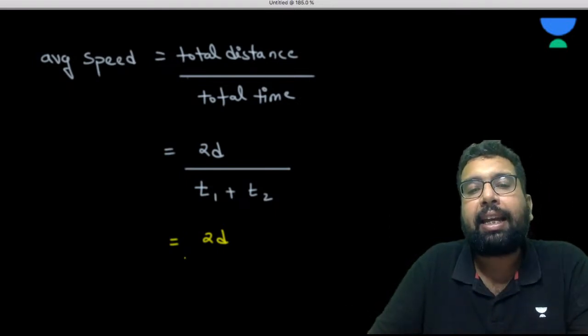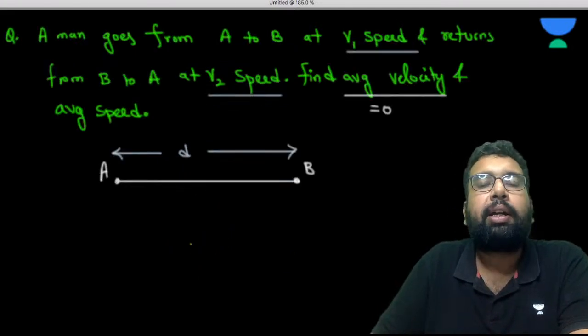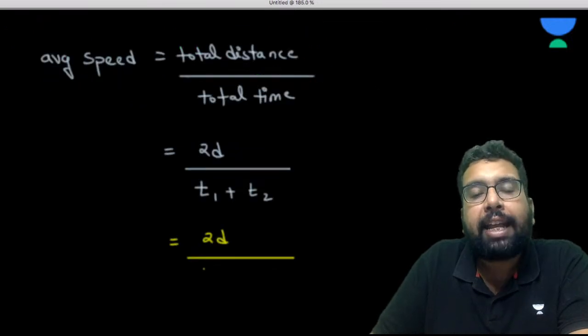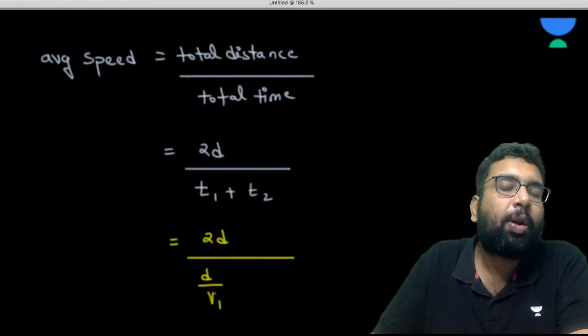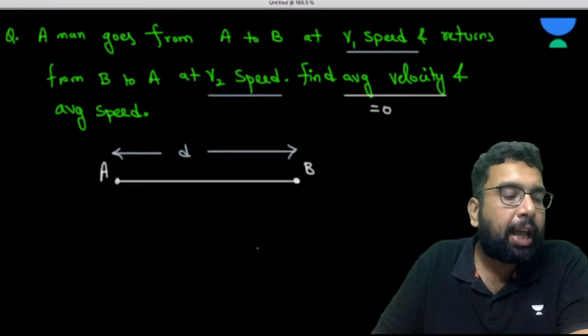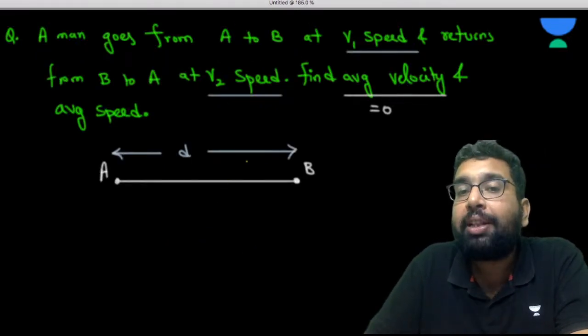So in duration one, this person must have taken this much time because he moved the distance d at a velocity v1. So it will become d upon v1. Now in t2 time, he has covered the distance of d with the speed of v2.